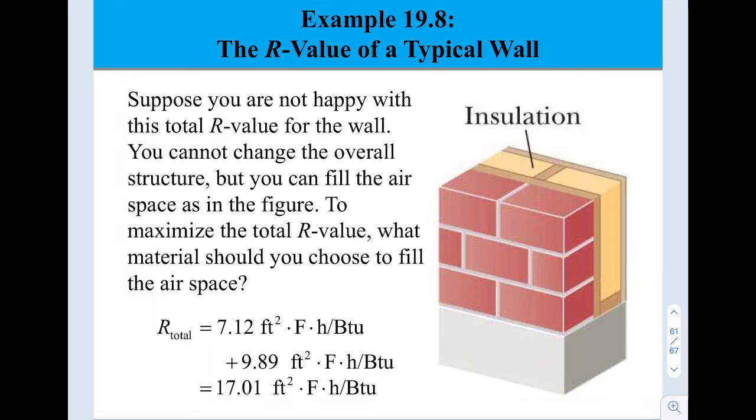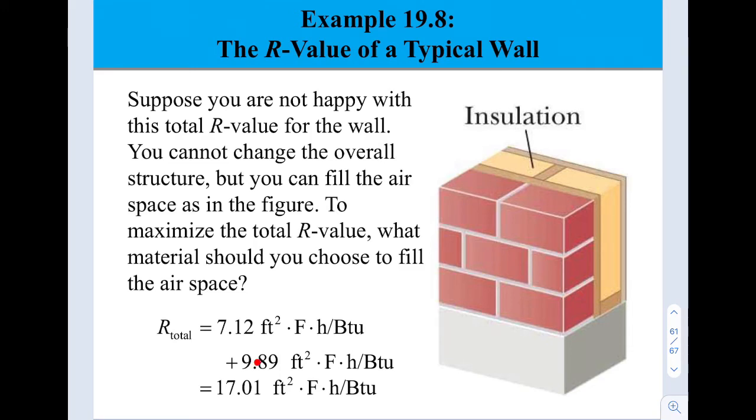The new total R value will be 7.12 feet squared dot F dot hour over BTU plus 9.89 feet squared dot F dot hour over BTU. That gives us an R total right now of 17.01.